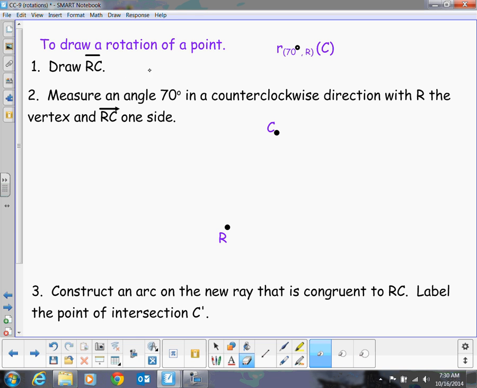R. So measure an angle. First of all, we have to draw RC. Now, depending on how big your protractor is, you might have to draw ray RC really long.